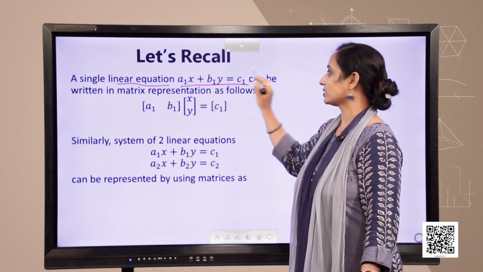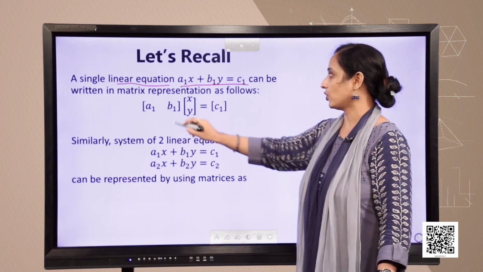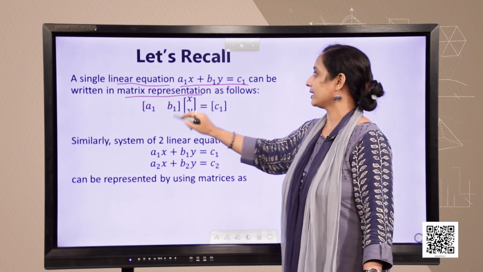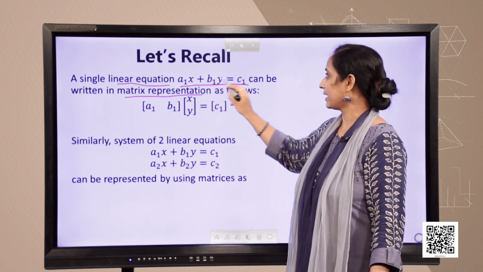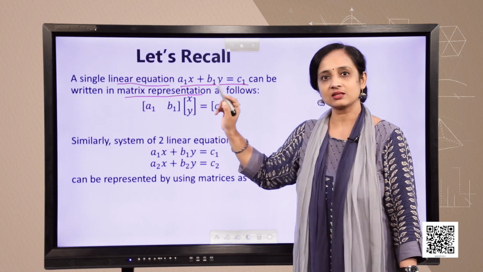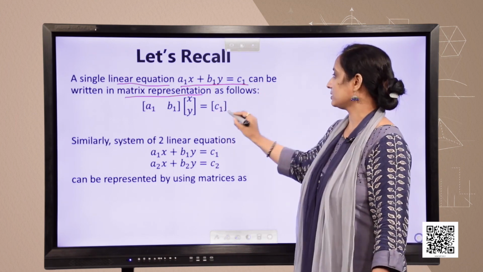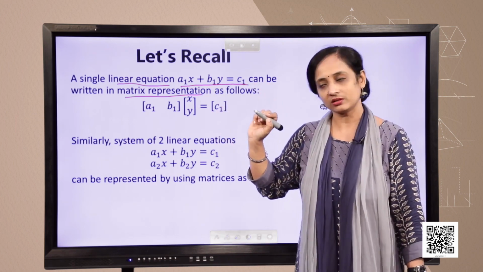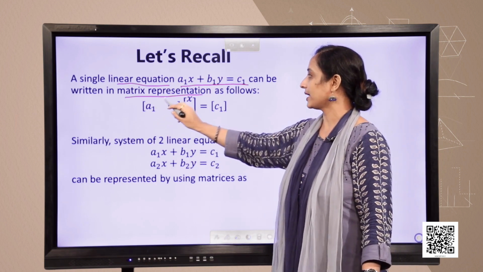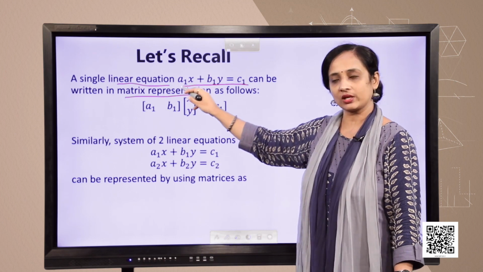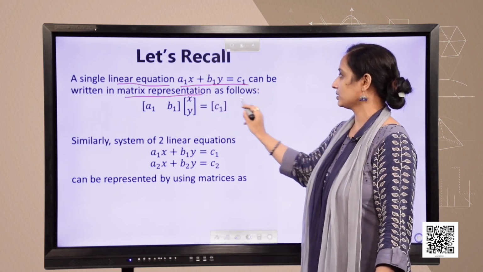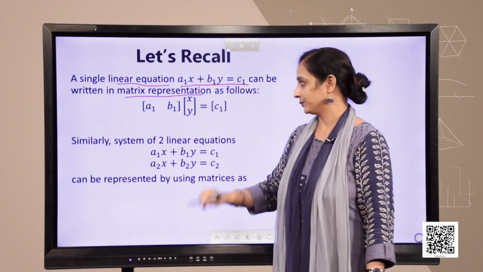This equation can be written in the form of matrices as a1, b1 as a row matrix, x, y the variables as a column matrix, and c1 as a matrix of order 1. So that when you multiply, you get a1x plus b1y on the LHS, is equal to c1, you are getting this equation back.